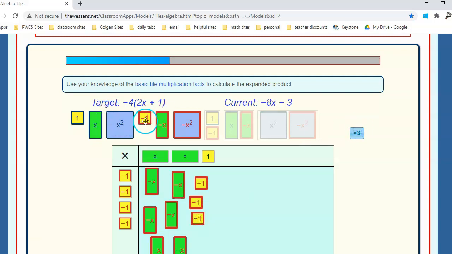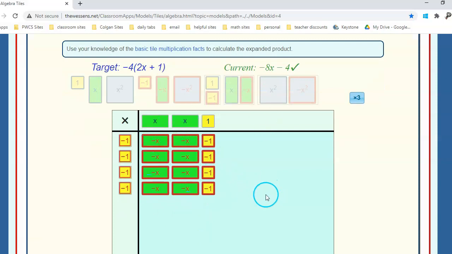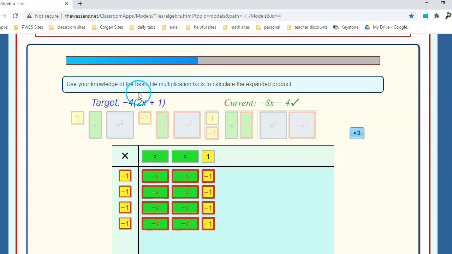You just have to remember to take it off. So it rearranged it for me. That means I got this right. So if I count, I have 8 of the negative x's, so negative 8x, and 4 of the negative 1's, so negative 8x minus 4, or if you distributed, negative 4 times 2x is negative 8x, negative 4 times positive 1 is negative 4.